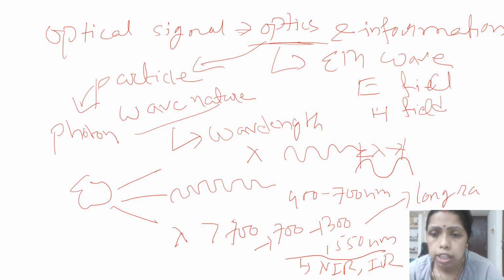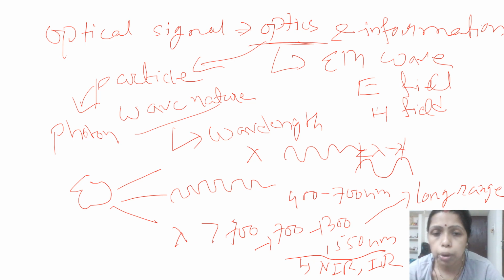So the characteristics of optics: it is an electromagnetic wave, and it has particle nature as well as wave nature. Wave nature means it should have some wavelength, the peak to peak difference of any wave signal.